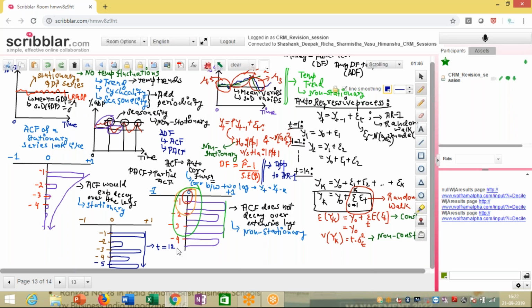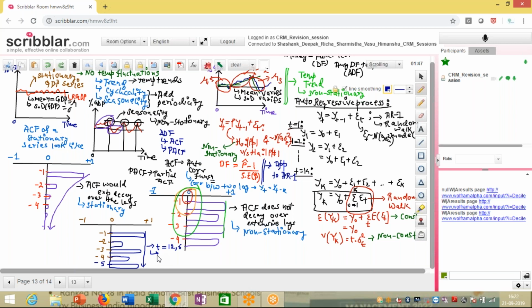So if you see a spike happening in the ACF at a period of every 12 months, where the data is monthly, then you know that there is an element of seasonality involved. To capture seasonality, you generally need monthly data. So this is where the concept of seasonality comes into the model, and this is the next type of stationarity issue that we have in the data.